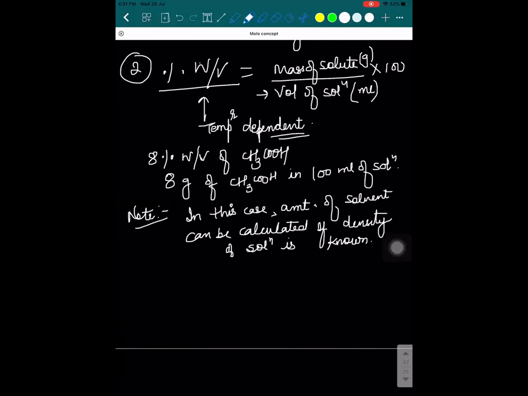Now, the next concentration term which we are having, I am actually starting with, there is also volume by volume. We do not need that much in the mole concept chapter; we need it in the 12th class solution chapter, where we will study it. The next concentration term is molarity.